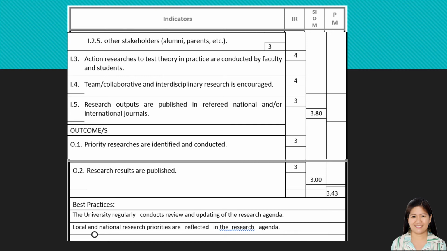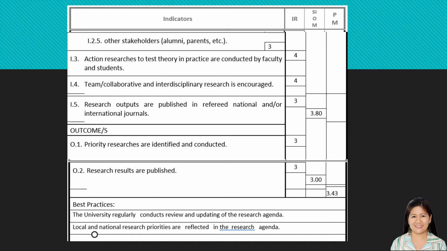Ano pa? Sa 1.4, collaborative and team research is encouraged. Ano po yung pwede nating ilagay diyan? Pwede sigurong office memo, office orders, and research outputs.